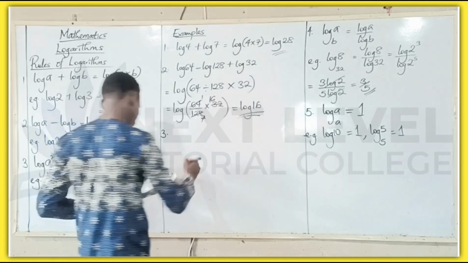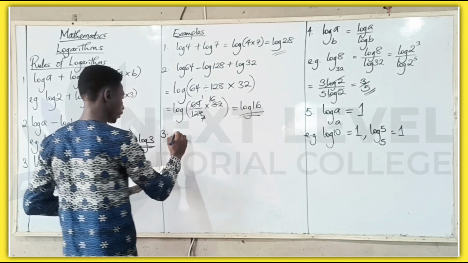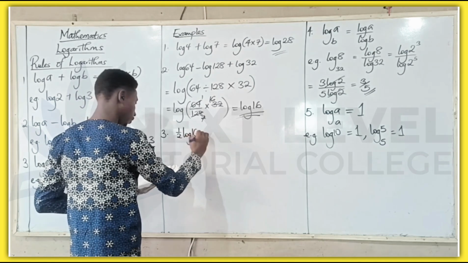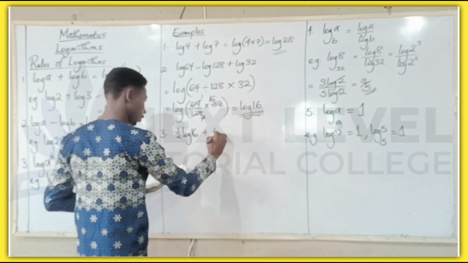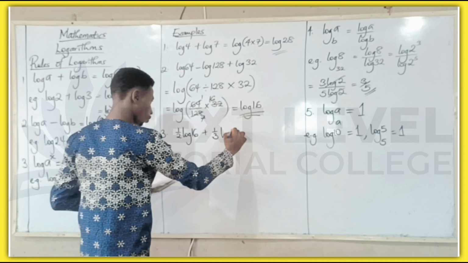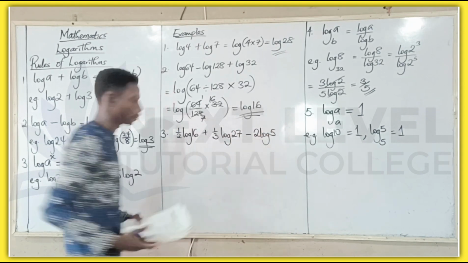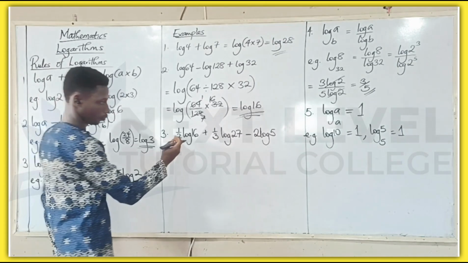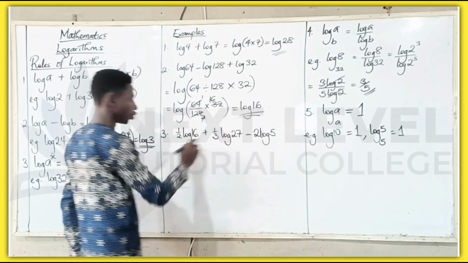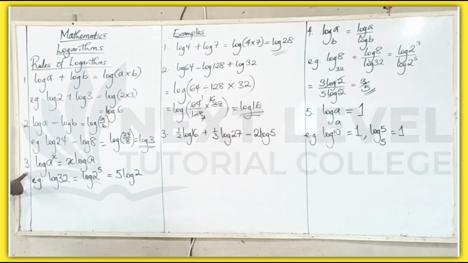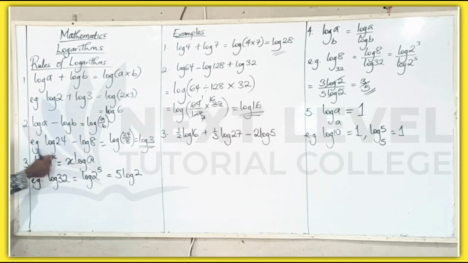The next question says we should simplify 1 over 2 log 16 plus 1 over 3 log 27 minus 2 log 5. Now, there are numbers in front of the logarithms. This takes us to the cube root, where the power can come to the back.